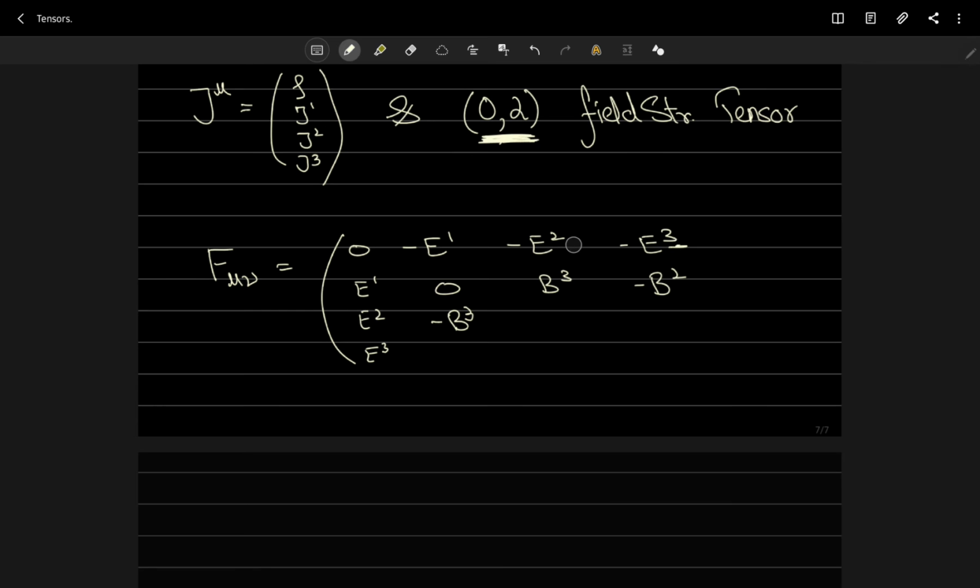This is just the components for these. So E1 corresponds to Ex, E2 corresponds to Ey, and E3 corresponds to Ez, and likewise. I'm pretty sure you already know about that. Then we have 0, B1, B2, we have minus B1, and we have 0. This is your 0,2 field strength tensor.